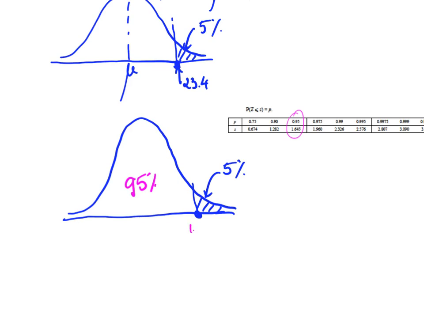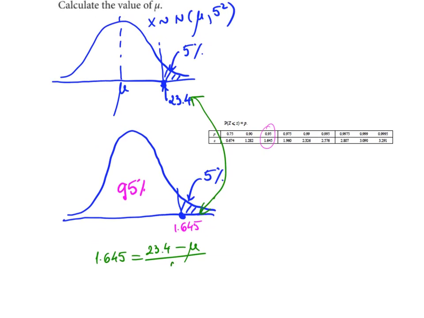So this point here is 1.645. Therefore, these 2 points are related by the same formula. z equals x minus mu unknown over sigma. And our sigma was 5. Solving this equation, I find mu. So mu will be 23.4 minus 1.645 times 5.